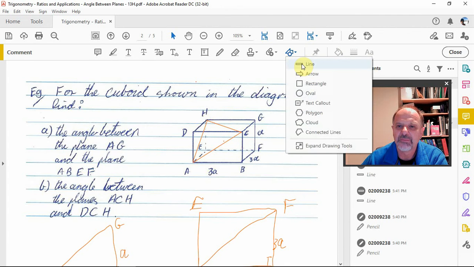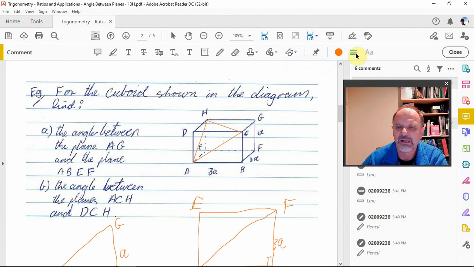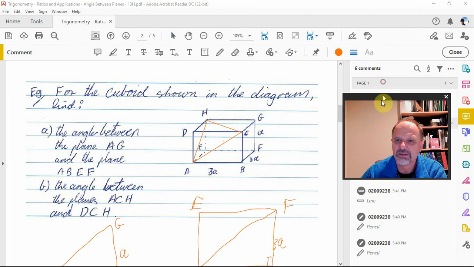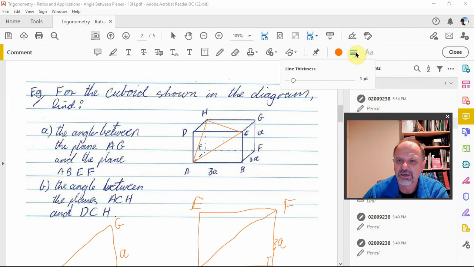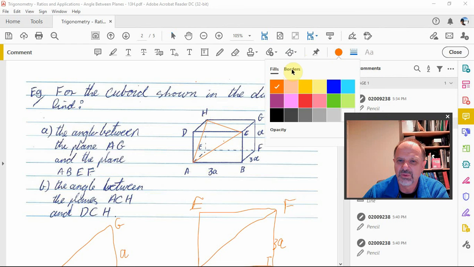So let me have a look here. Line, borders, fills. Let's go red.